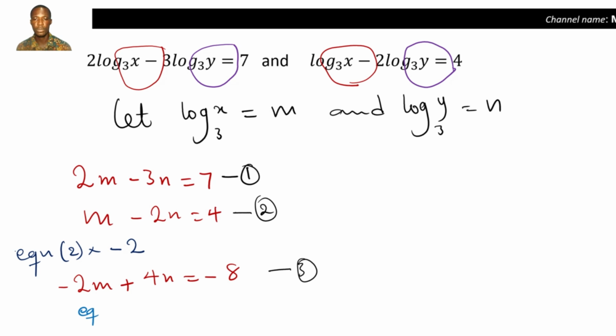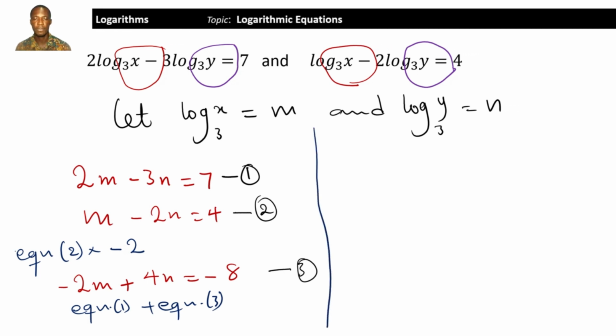So equation 1 plus equation 3. Okay, so that gives me 2 plus negative 2 will become 0. Negative 3n plus 4n will give me n, which is equal to 7 minus 8, which is -1. So my n is -1.